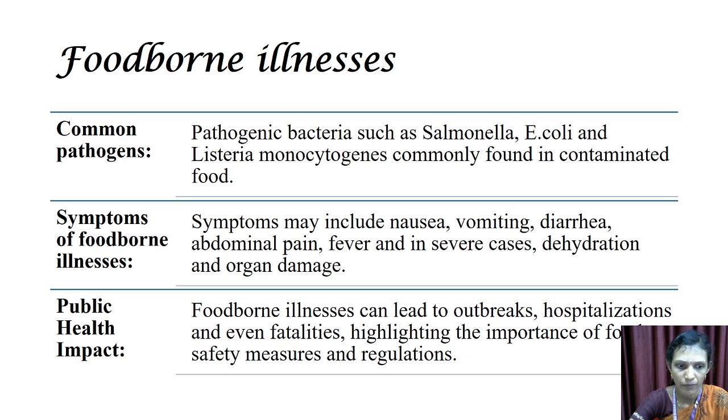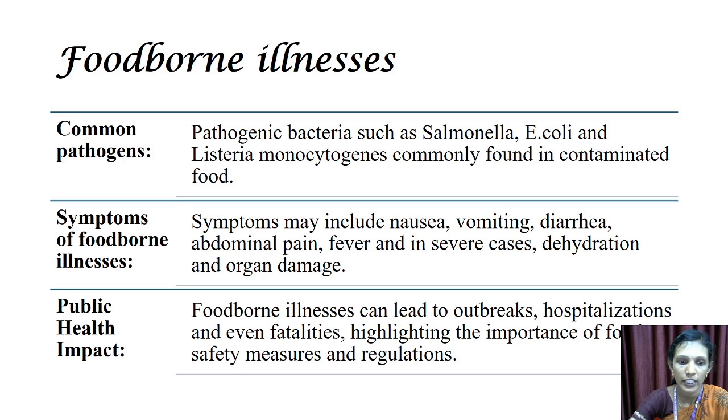Foodborne illnesses. Foodborne illnesses can be caused by microorganisms. Pathogens can cause health effects in persons. Foodborne illnesses are often caused by pathogens, for example bacteria like Salmonella and E. coli.